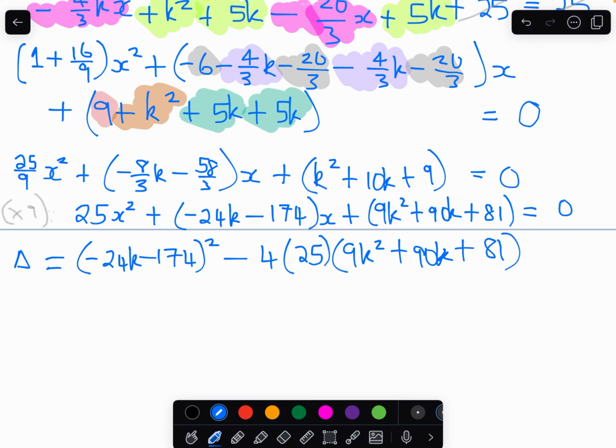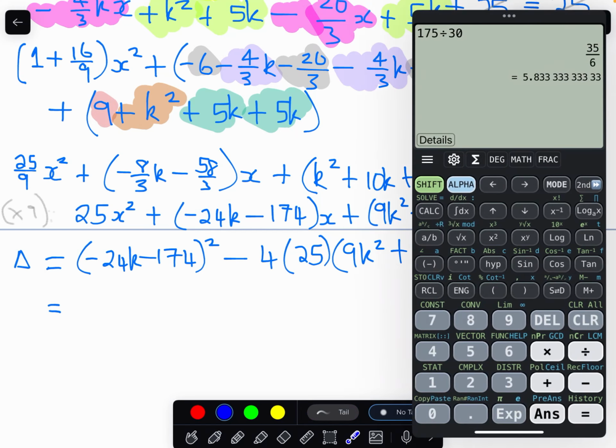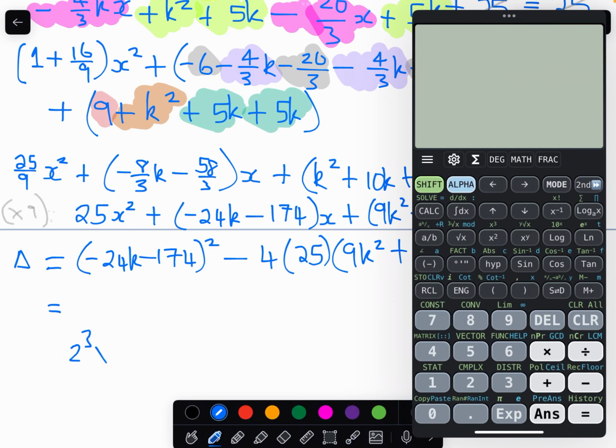Right, and I wonder if there is a common factor here. Let's see. 24 is 2 to the 3 times 3. 174 is 58 times 3, which is 2 times 29 times 3.